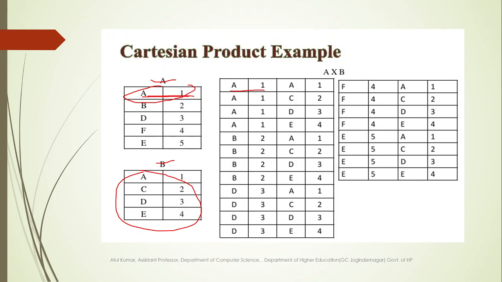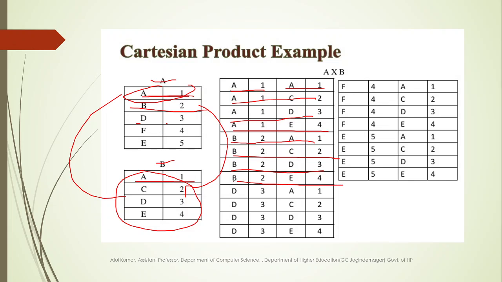So A1 A1, then A1 C2, then A1 D3, then A1 E4. Then the second row, B2, we combine with all the rows of relation B, that is B2 A1, then B2 C2, then B2 D3, B2 E4.